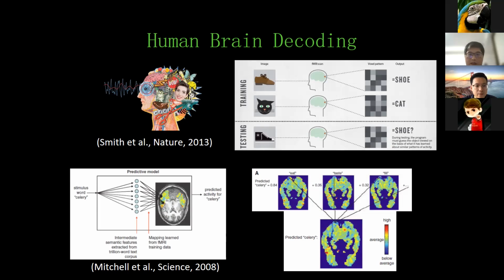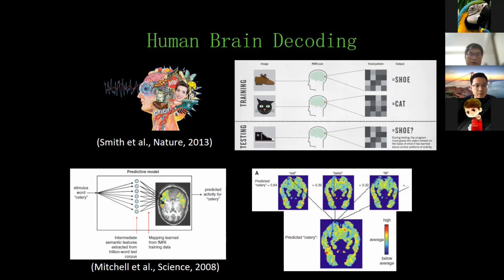Okay. And finally, we will introduce using machine learning methods for human brain decoding. So this is the illustration in the right top figure. For a subject, we record the functional MRI when a person sees different images.